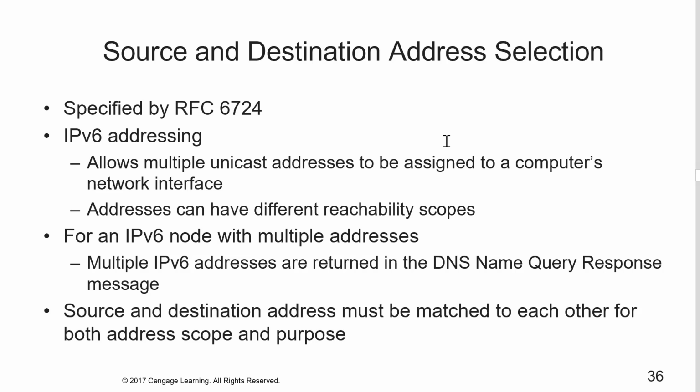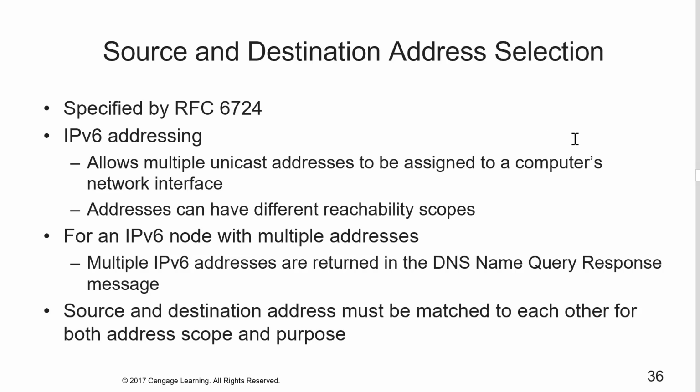For an IPv6 node with multiple addresses assigned to an interface, multiple IPv6 addresses are returned in the DNS name query response message, making the selection of the source and destination IPv6 address more complex. The source and destination address must be matched to each other for both the address scope and purpose.